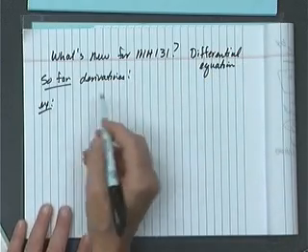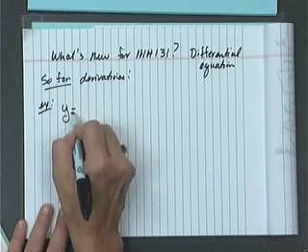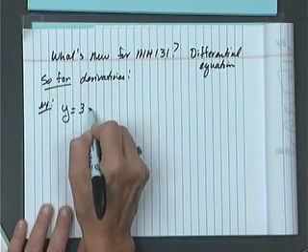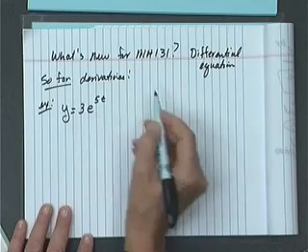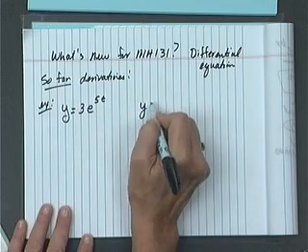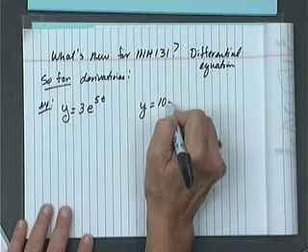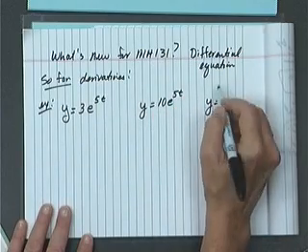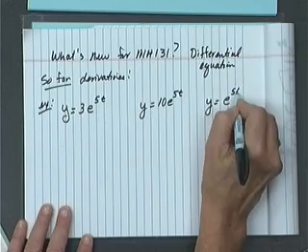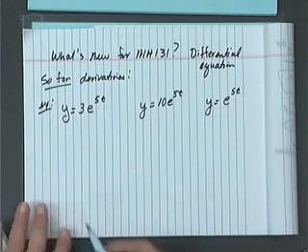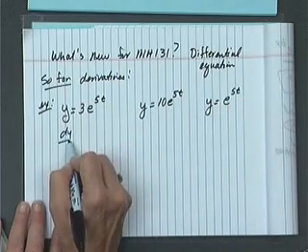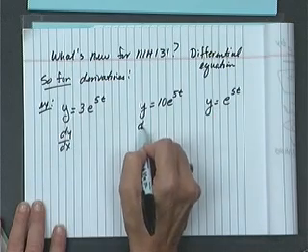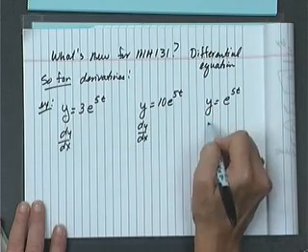All right, so far you had the derivatives, and if we had a problem like y equals 3e to the 5t, or y equals 10e to the 5t, or y equals e to the 5t, let's look at the derivative of each of these.